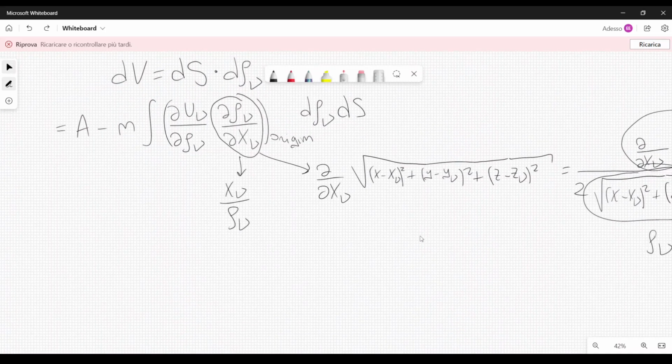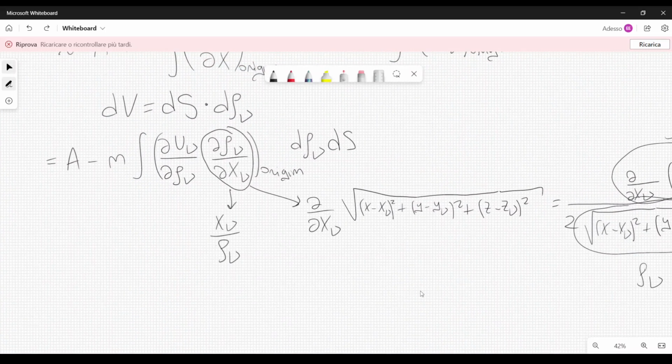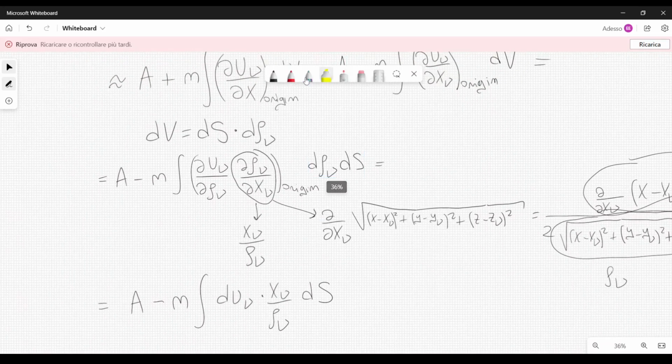And finally we can also put together this derivative with this differential, and that will give us the differential of the velocity. So I can rewrite this as a minus n integral, I have du nu times x nu over rho nu, and then I have ds like this.